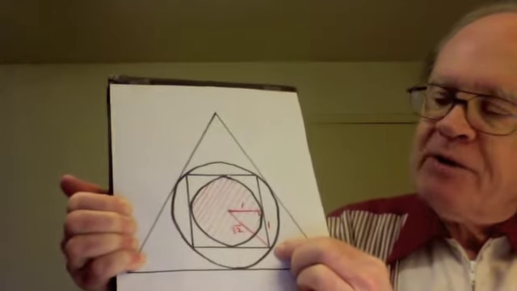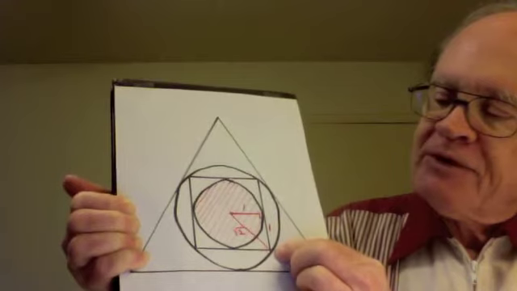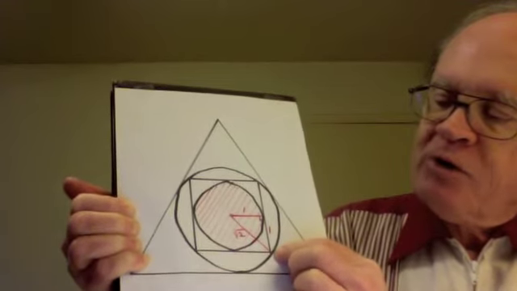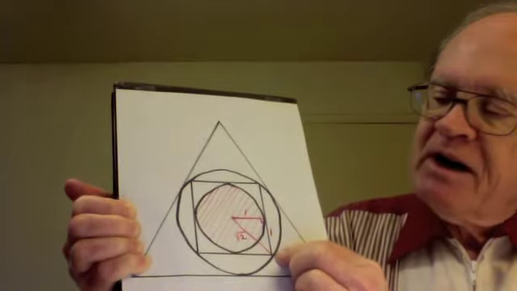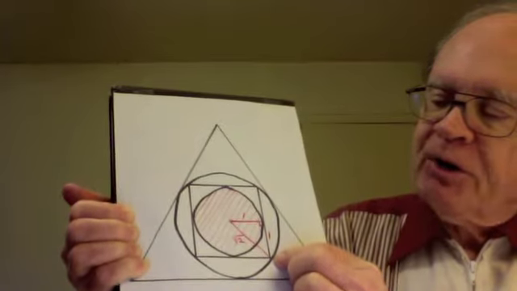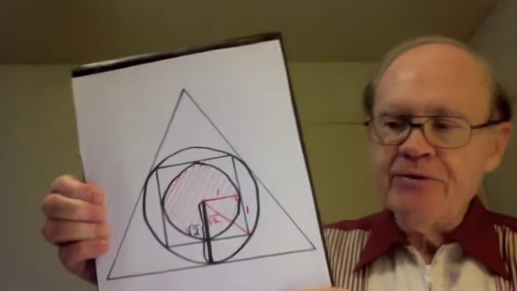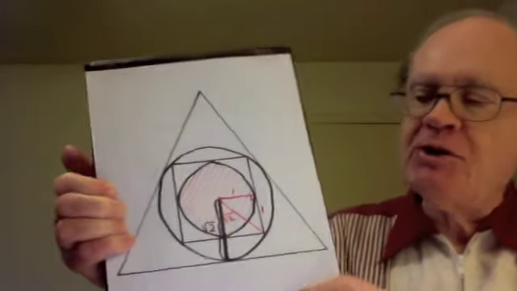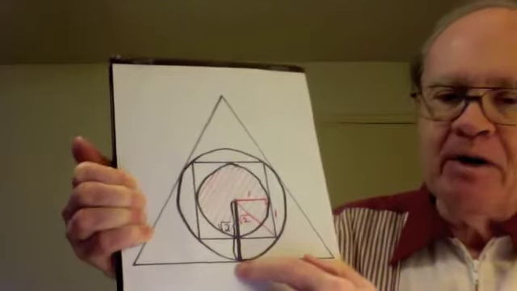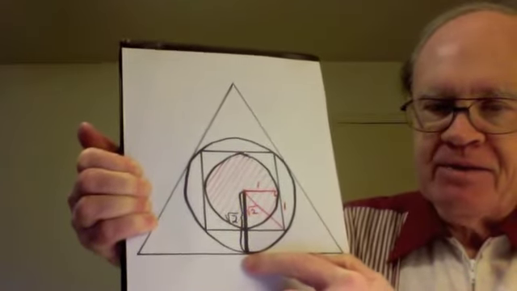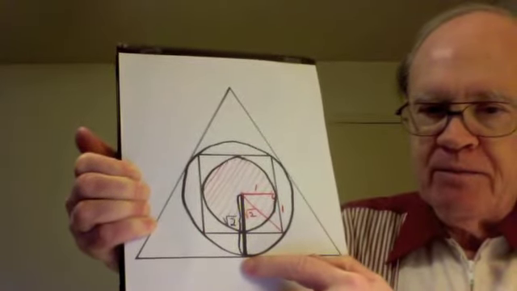That length, the square root of 2, as I've shown here, drawn to this corner, is a radius of the larger circle. I have redrawn that radius of the larger circle from the center straight down to the bottom. That length is the square root of 2.